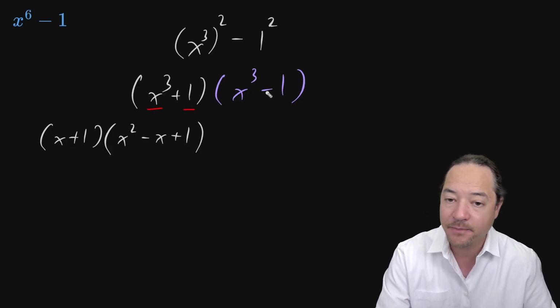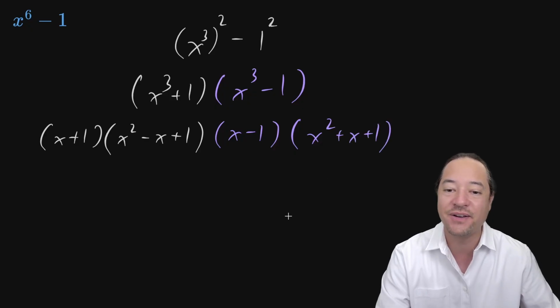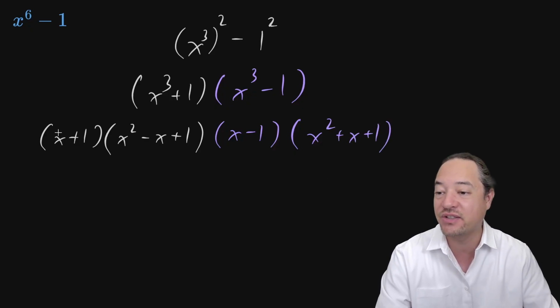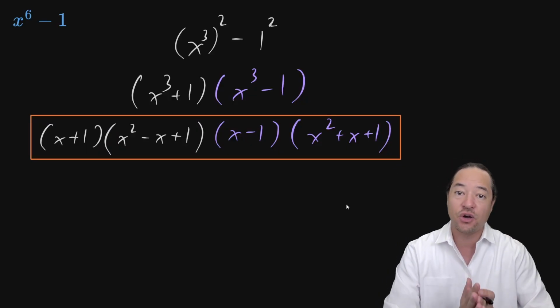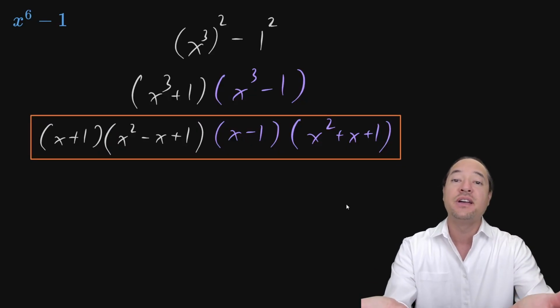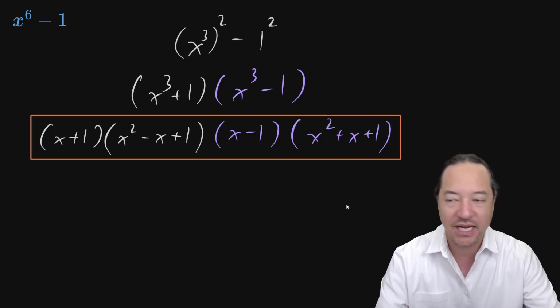And now this one would become x minus 1 multiplied by x squared plus x plus 1. And so now we have actually managed to factor this completely. We can't go any further. So applying multiple steps, multiple formulas, you keep factoring until you can't.